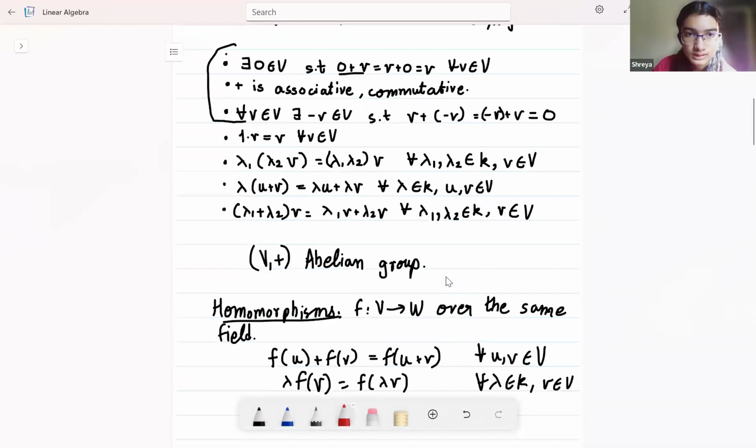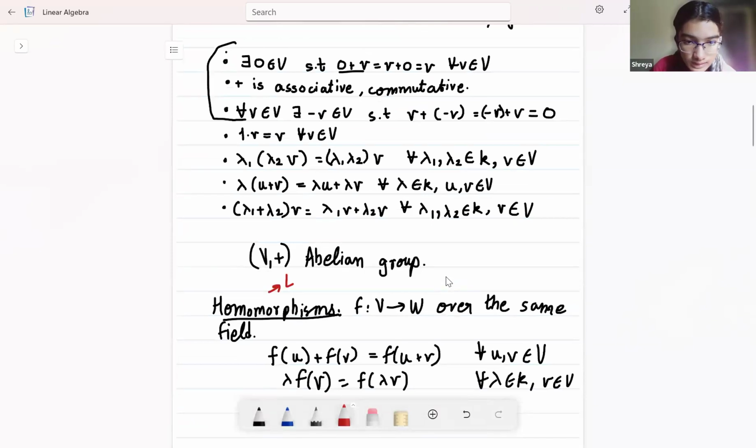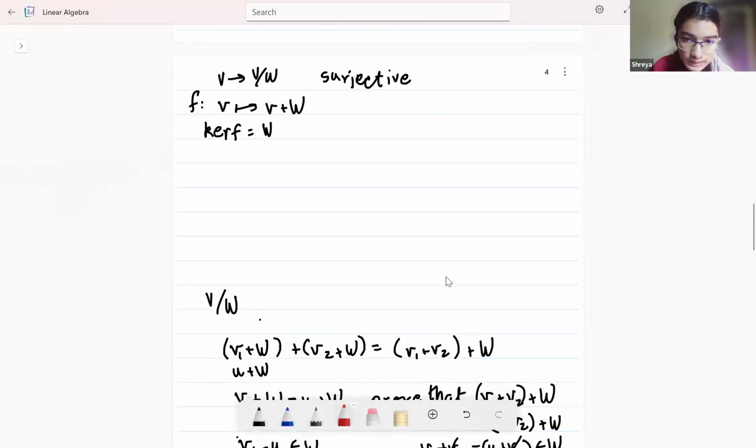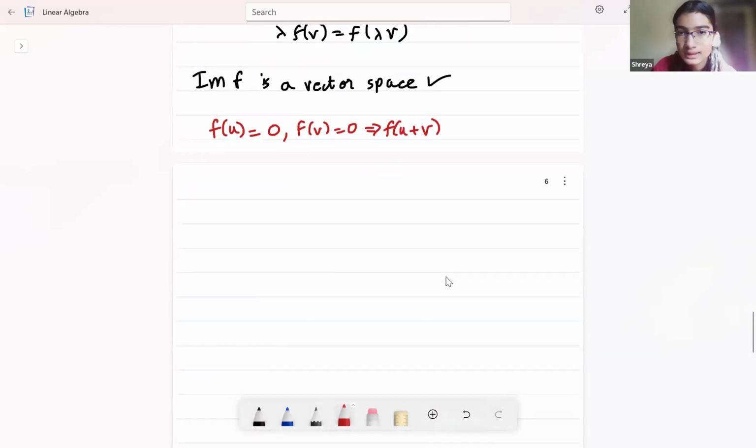So we know f is a linear map, so f of u plus v is equal to f of u plus f of v, which is 0 plus 0. So then we know that if u and v belong to the kernel, then u plus v also belongs to the kernel.